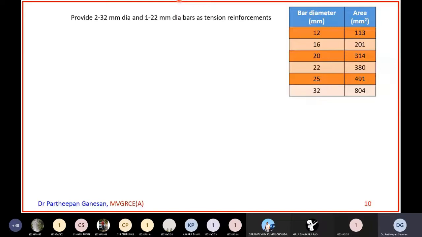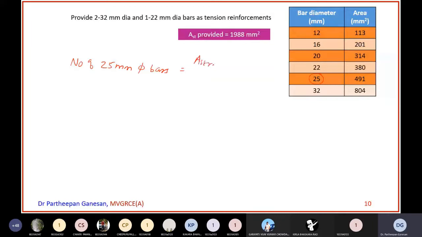So instead, you can also provide 25 mm rods. Number of 25 mm diameter bars required is equal to total AST required divided by AST of one rod, that is 491.